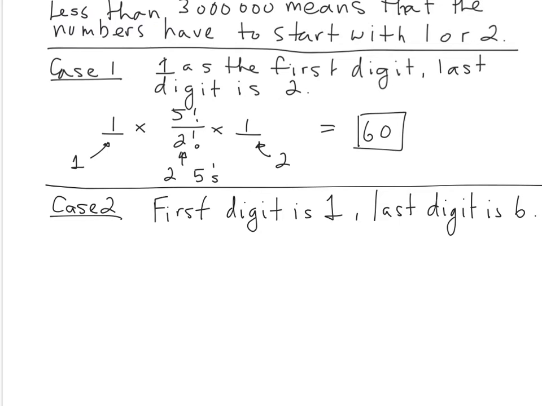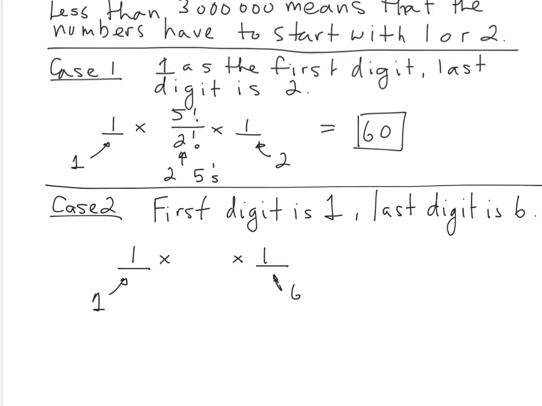So when we think of the different ways, you can pause it now and try it on your own, okay? But I'm going to continue on if you don't pause it. So to put the 1 in the first spot, there's really only one way. And then over here we have the 6, and there's really only one way to put that in there as well. And then we have times and times again.